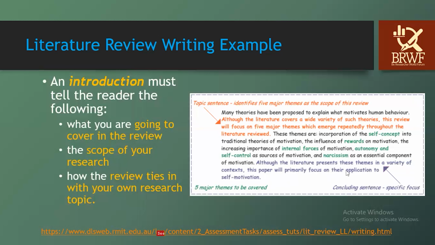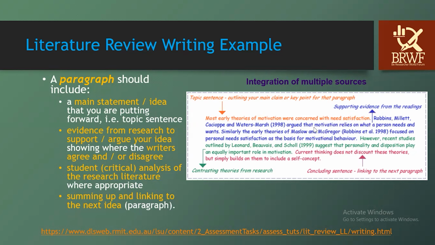Most early theories of motivation were concerned with need satisfaction. Robbins, Millett, and Waters-Marsh, 1998, argued that motivation relies on what a person needs and wants. Similarly, the early theories of Maslow and McGregor, Robbins et al., 1998, focused on personal needs satisfaction as the basis for motivational behavior.